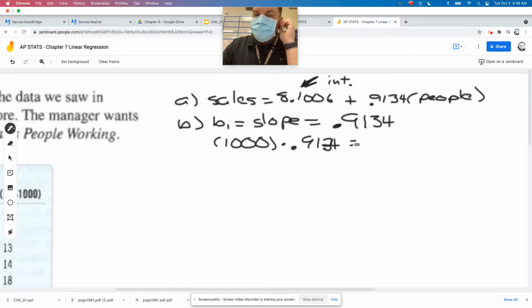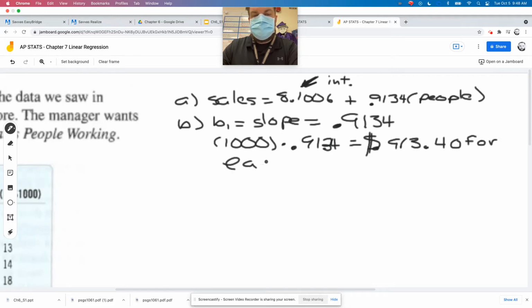So this would mean that for each additional salesperson, you would make $913.40 per salesperson. And I'll explain what that means.